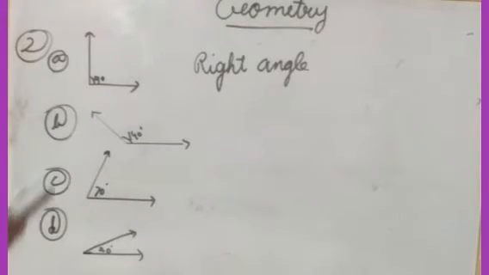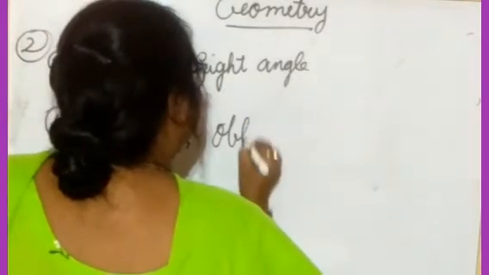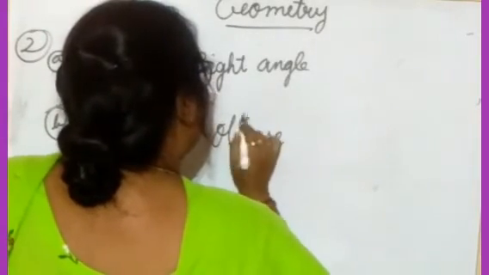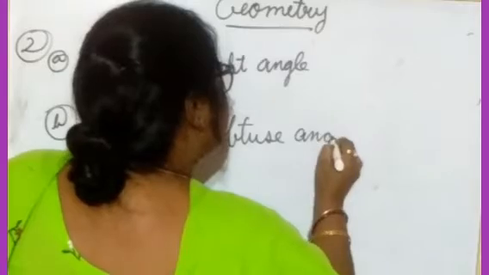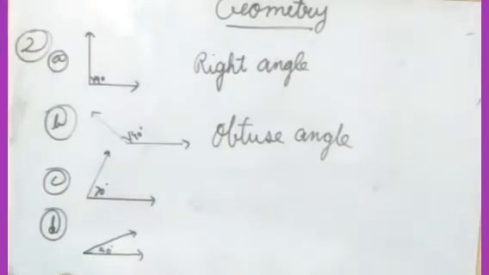Next, the measurement is 140 degrees. What angle will you write? An obtuse angle. Yes, it is an obtuse angle.